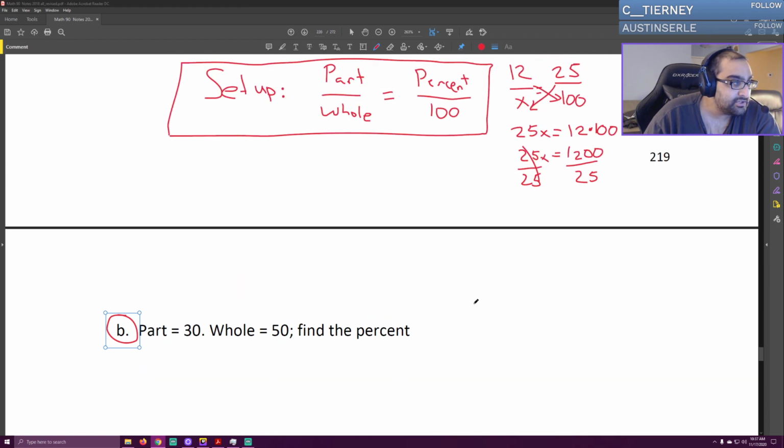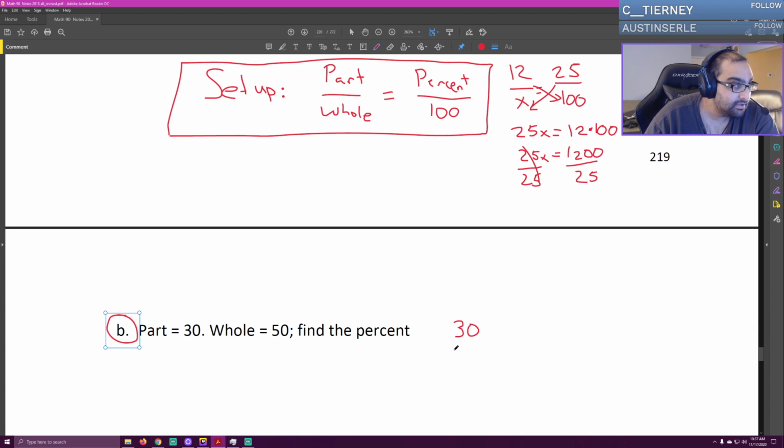So we have our part. Our part here is 30. Our whole here is 50. We don't know what the percentage is, but we're going to call that x. And we're going to put that over 100. We cross multiply here. Let's see what we get.